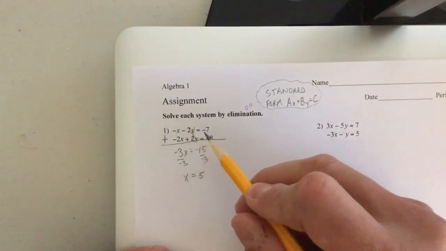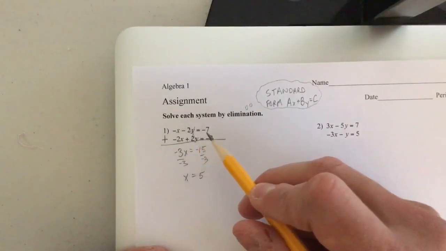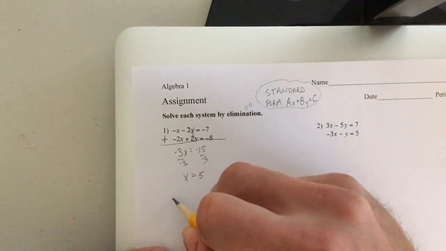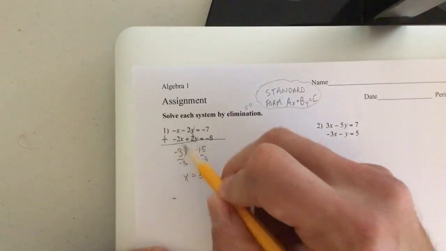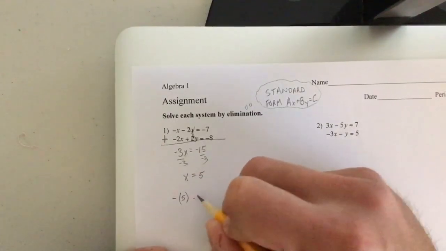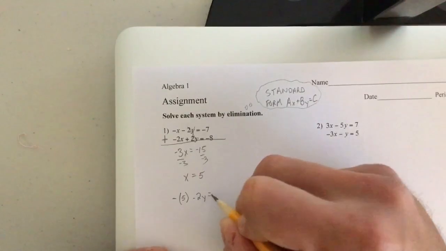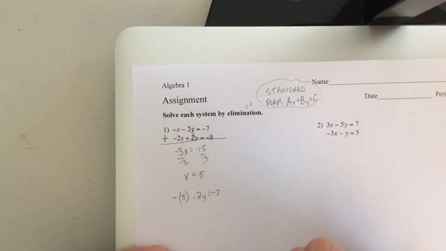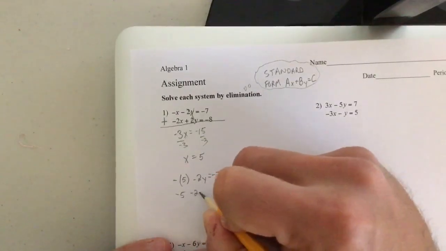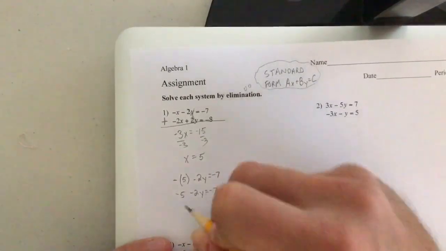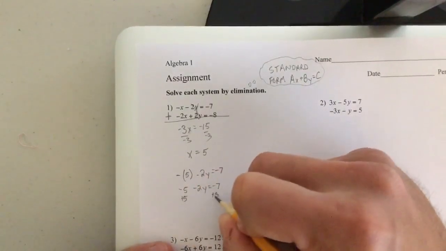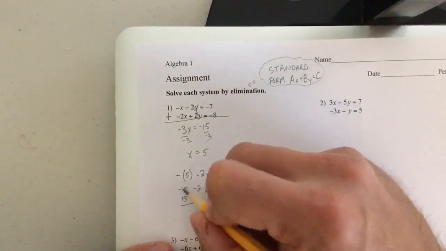Looking up top, the top equation might be a little easier because it's a single x. Where I see my x term, negative x, I'm going to substitute 5. Negative 5 minus 2y equals negative 7. I have to isolate y, so I'm going to add 5 to both sides, a positive 5, to cancel out the negative.